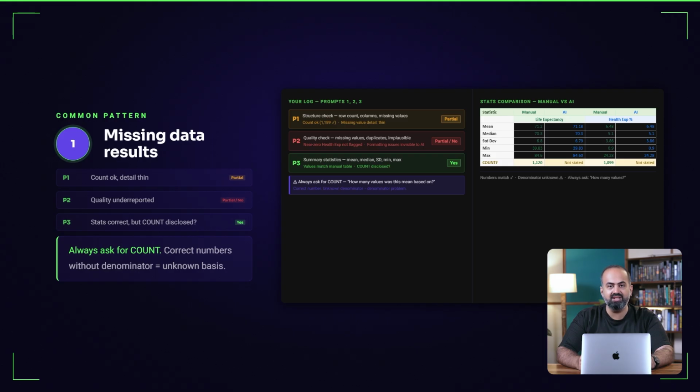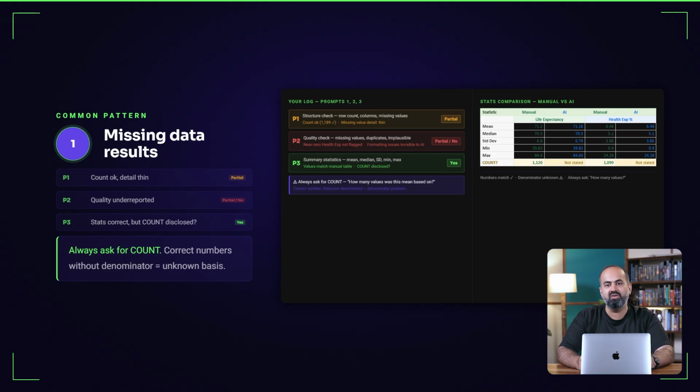If you got yes on prompt 3, that means the statistics matched your manual analysis. But did the AI tell you that the life expectancy mean was based on 1170 values after removing the implausible entries? If not, it gave you correct numbers without telling you what those numbers were based on. That is the denominator problem.